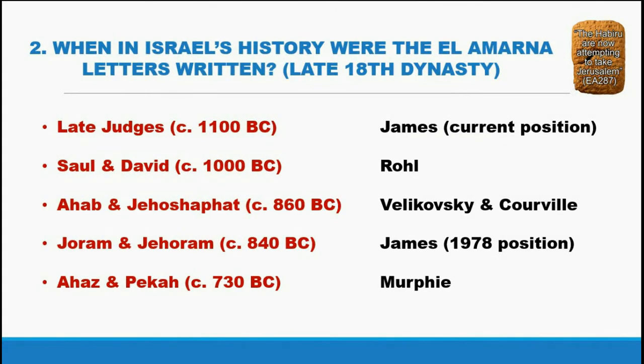Now for our second problem. We have seen one major example of where the histories of Israel and Egypt intersected with the conquest of Judah by Shishak. Another great opportunity to synchronize the histories of the two lands is available through the Amarna letters.